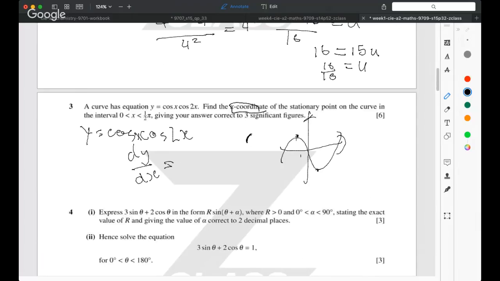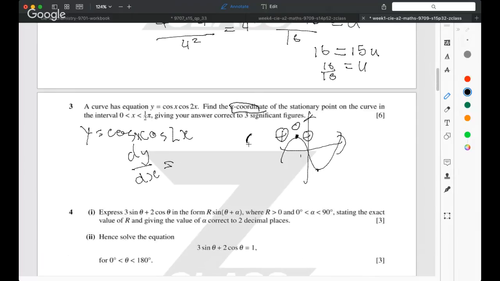So before this maximum point, what is the sign of the gradient? Is it positive or negative? It's positive. After this point, negative. So at this point, the gradient changes from positive to negative, which means at this point the gradient is equal to 0.